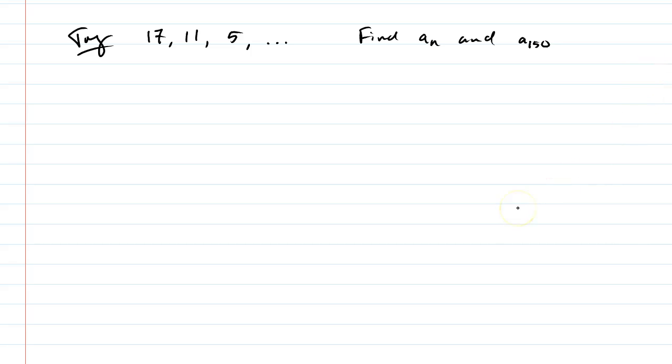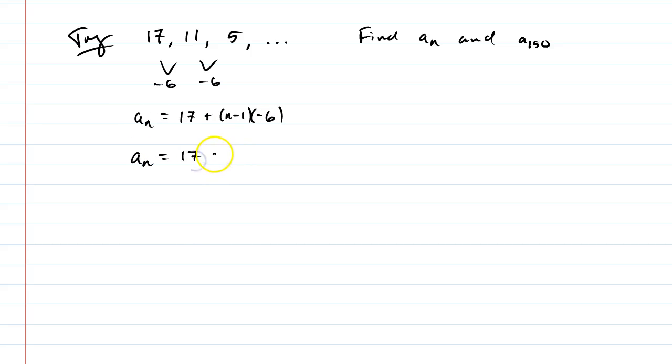Alright, so here's what we should have thought. Looking at the differences here, we're going down by 6 every time, and that's our common difference. So, to find the general term, we're going to start with the first number, and then n minus 1 times the common difference. Now that right there is perfectly valid, but I am going to simplify it.